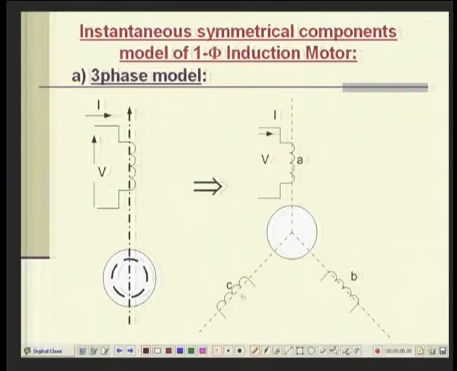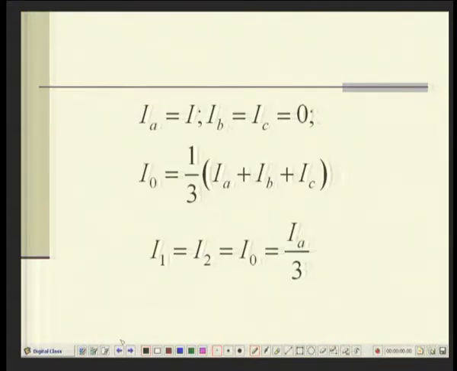In this case these two are not carrying any currents, and then these are the constraints, that IB and IC are 0. So, if this is IA, we have I1 equal to I2 equal to I0 equal to IA by 3. So, this is the positive sequence current producing the forward MMF, the negative sequence producing the backward MMF, and this is the 0 sequence, and all of them are equal.